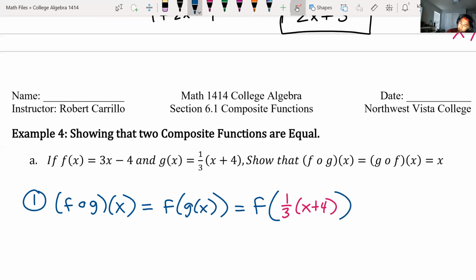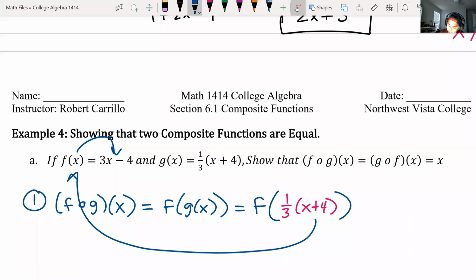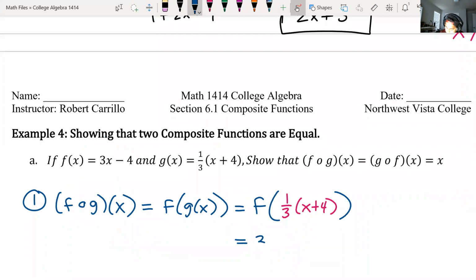Okay, so now all of this goes into function f for every x. So we get 3 times 1/3 times x plus 4 minus 4.